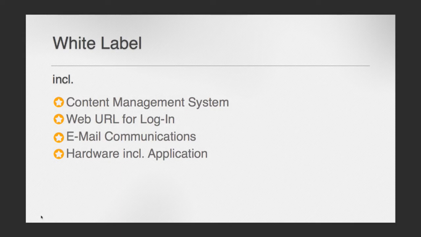For example, if you set up a new account, your client will get an email for verification, and this email will be branded directly into your brand design. And finally, you will get hardware, including the application from us, also white labeled without any kind of logo from viewneo. And if you like, we can also do custom hardware. It depends later on the quantities.